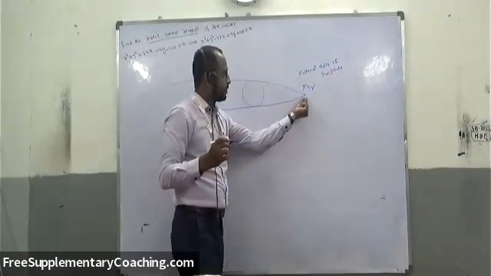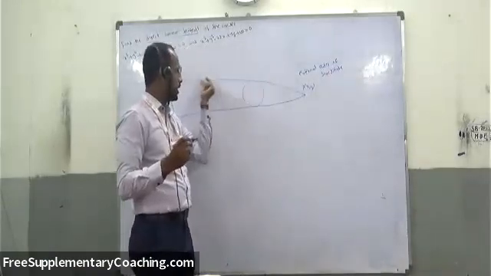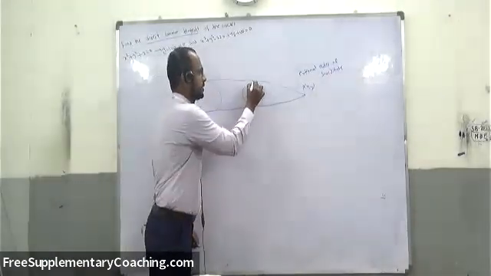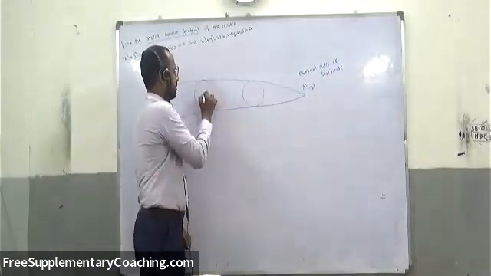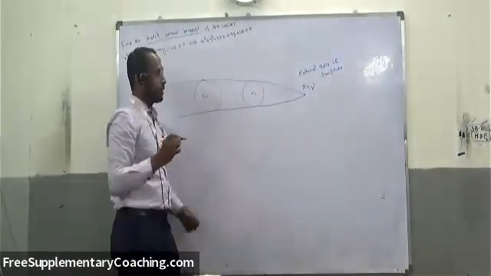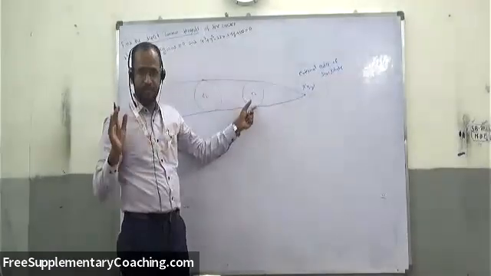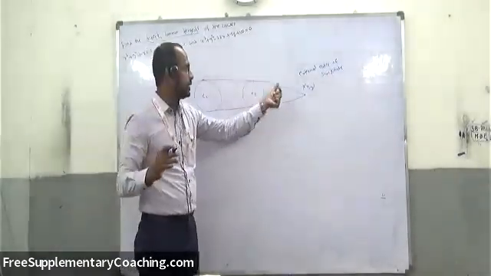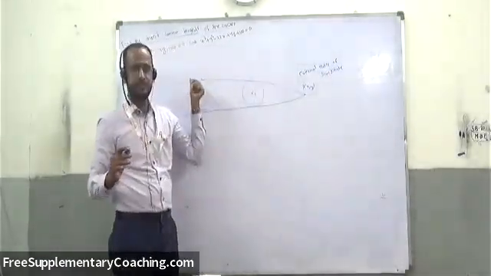See here, from this point, when we draw a line, it touches circles C1 and C2 at one place each. These two circles are different, but the tangent is common.